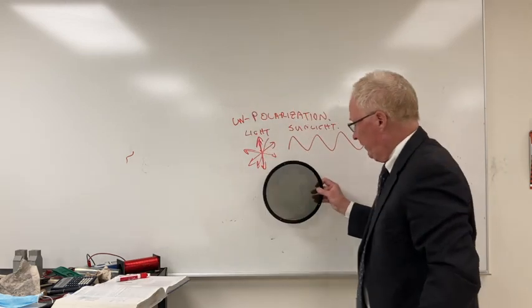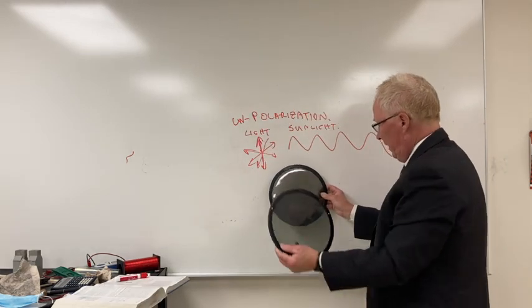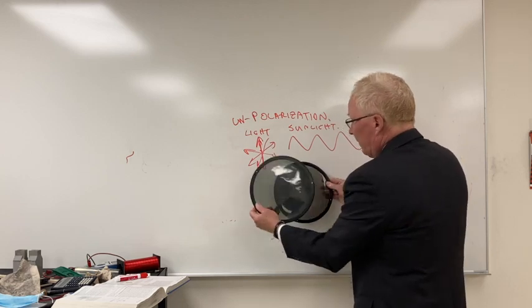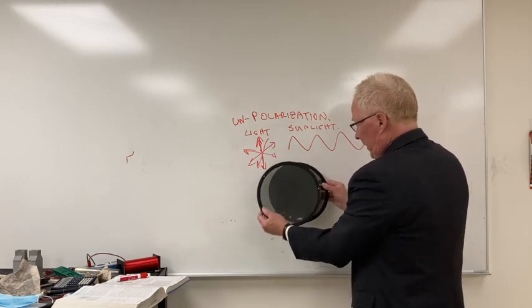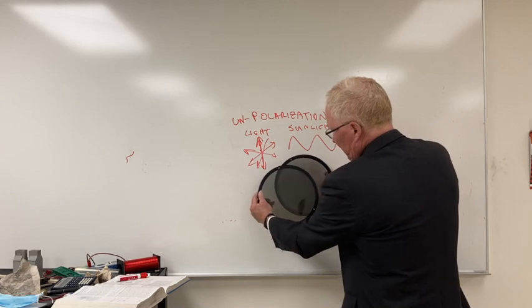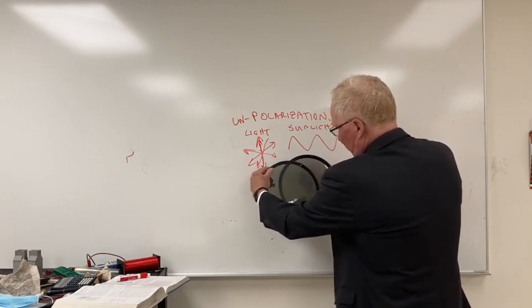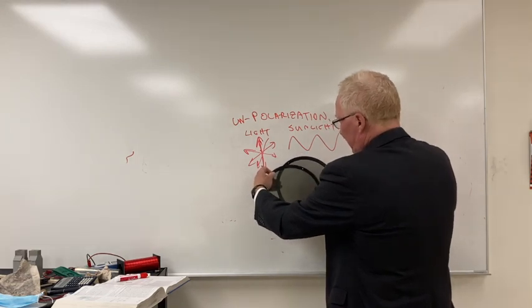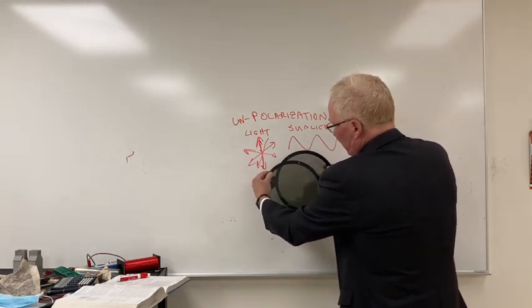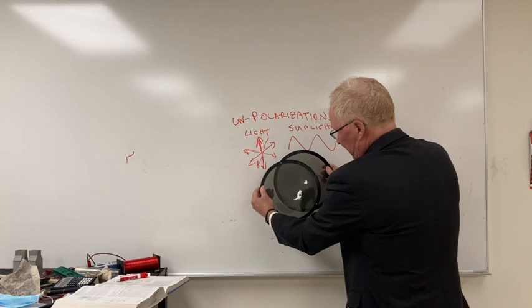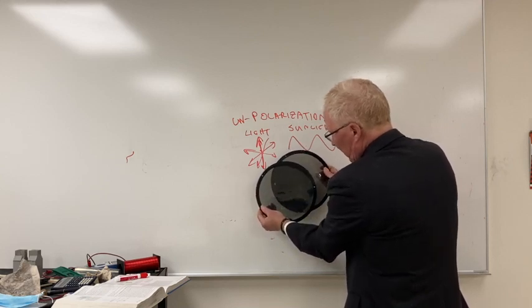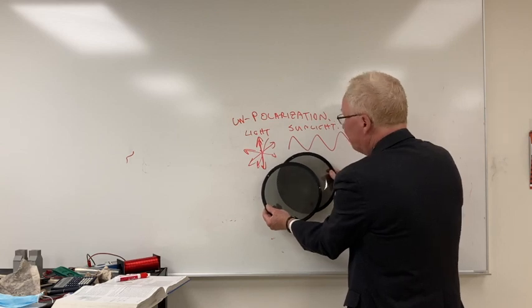Now, on the other hand, if I put a second polarizer behind it, this one will be polarized relative to that one. As I rotate this around, see how it gets bright? That means both polarizers are in the same direction. As I rotate it, this one is now perpendicular, so it's blocking all the light from the second one.